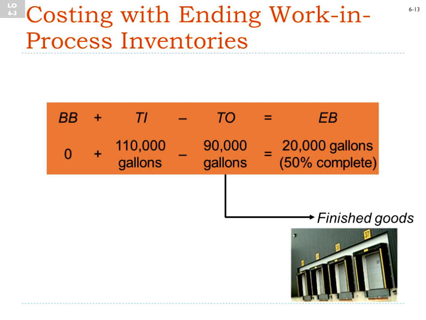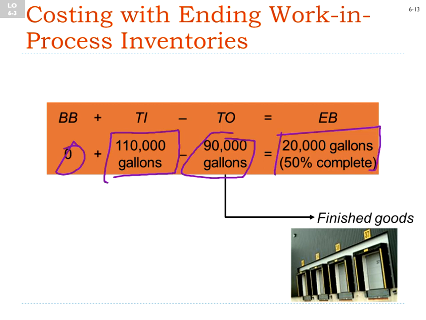So how does this affect your work in process inventory? Well, we know that we started out with 0 in beginning balance. We started 110,000 gallons. So let's say we have 110,000 paint cans, and 90,000 of these paint cans were complete and ready for sale. Unfortunately, 20,000 didn't get done.